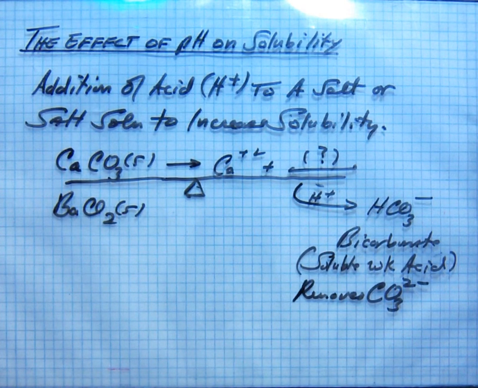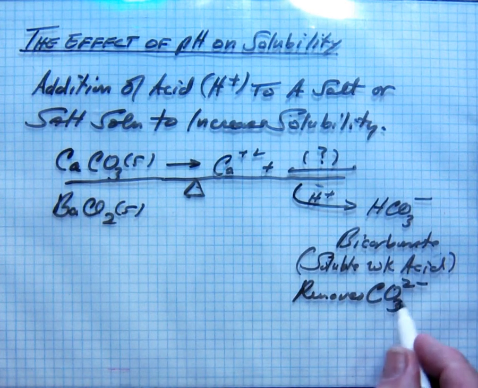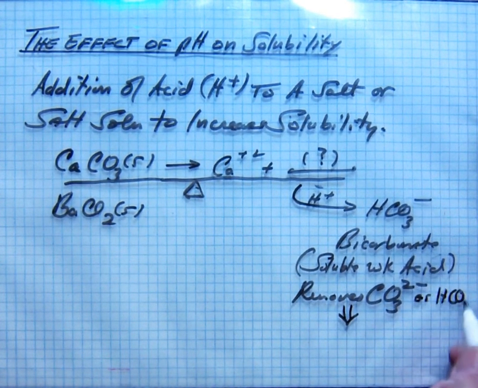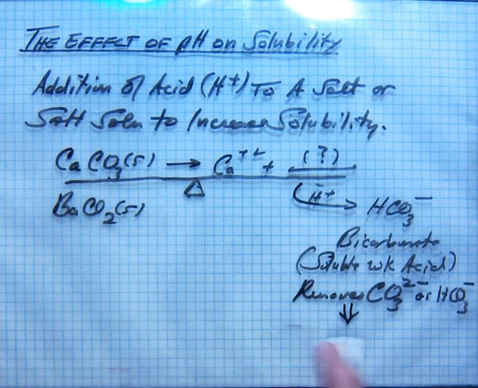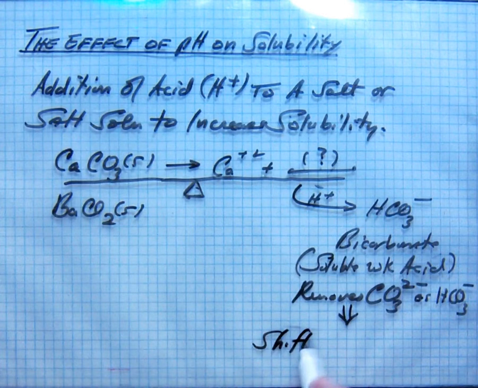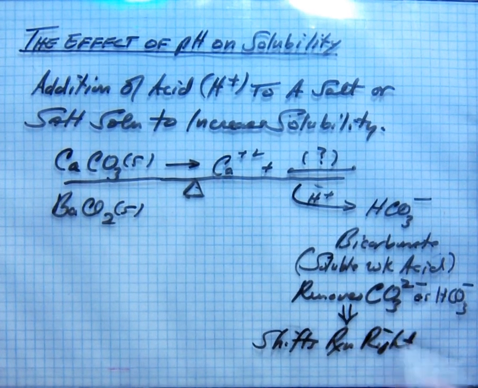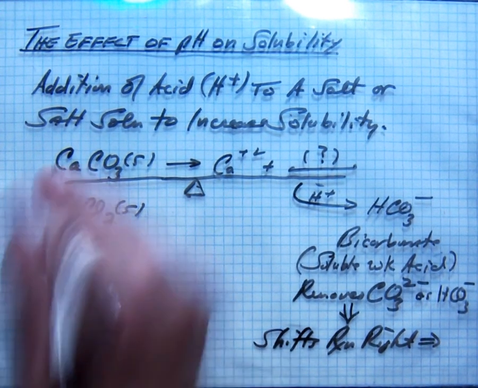So more is going into solution. So this soluble weak acid removes the CO3 as HCO3 minus, and this shifts the reaction right, which is increased solubility of calcium carbonate.